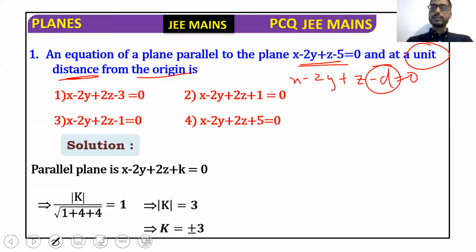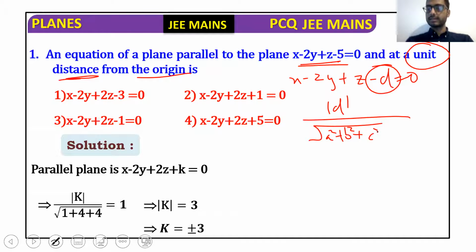From origin, and from origin formula I have mod of d under root of a square plus b square plus c square. And therefore the distance in this case, I'll say, is mod of d under root of a square plus b square plus c square. A is 1, b is minus 2 and c is 1. Therefore this is equal to under root 9, which is equal to 3.